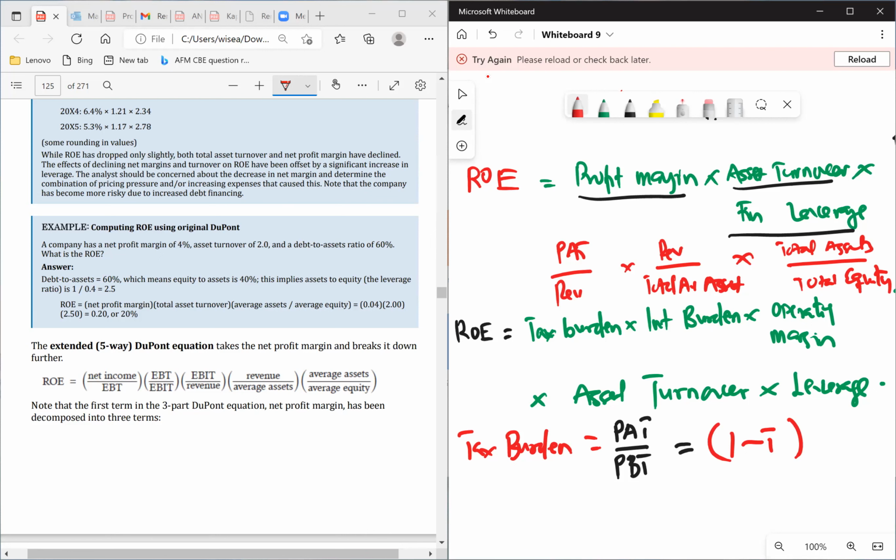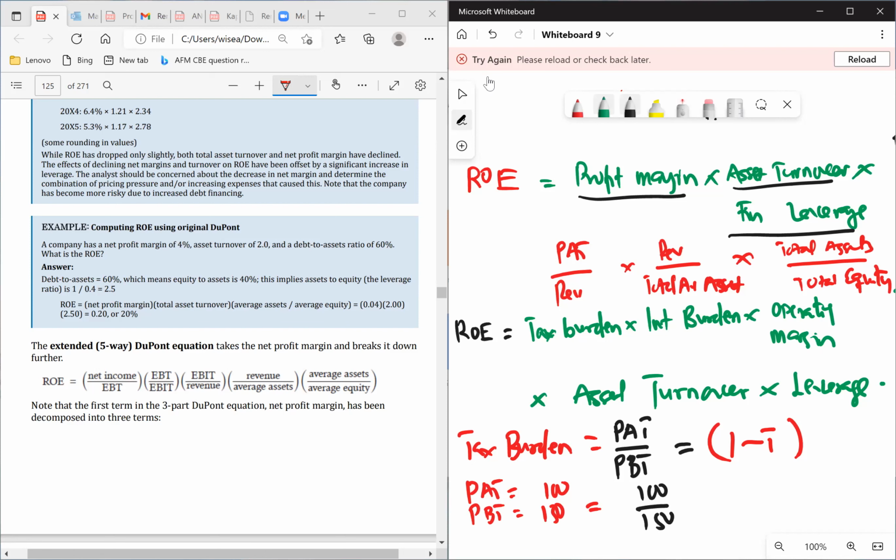So if you pay a lot of tax, your profit after tax will be less. Let's say your profit after tax initially was 100. Then profit before tax was what? 150. So your tax burden will be 100 divided by 150.